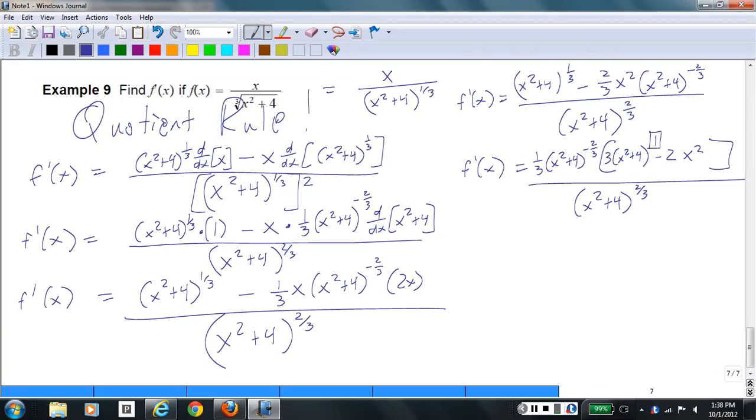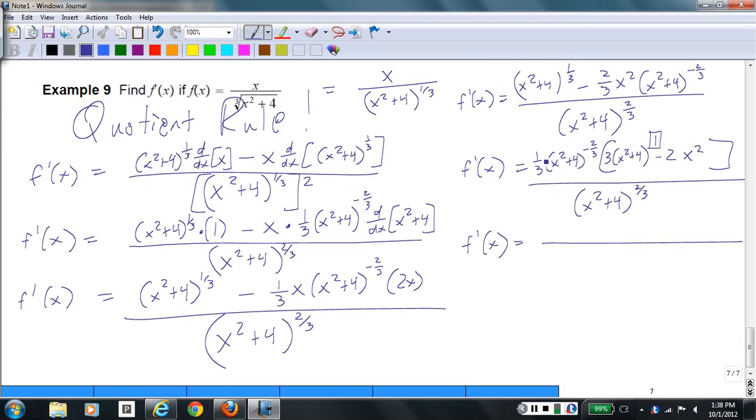Sure. Yes. All right. So let's do two things. Let's get the (x squared plus 4) to the negative 2/3 and the (x squared plus 4) to the positive 2/3 together somehow. We like positive exponents. So if we take that (x squared plus 4) to the negative 2/3 and shove it down to the denominator, it'll look like this.